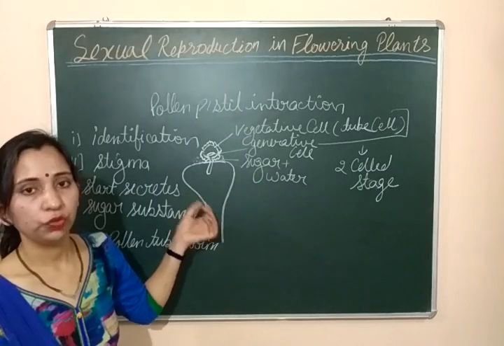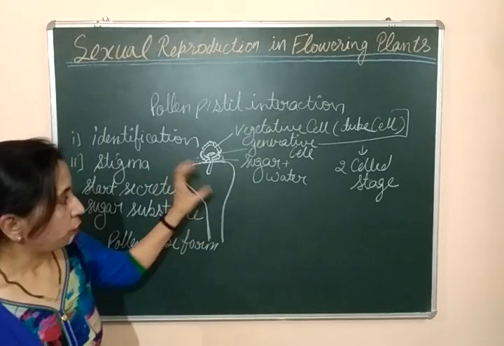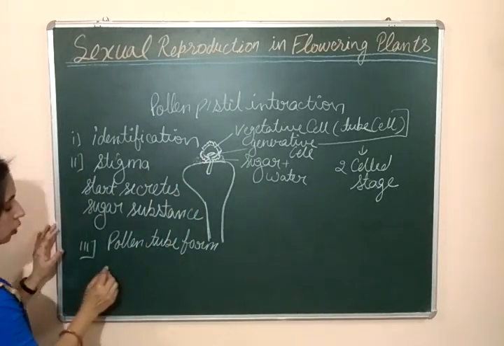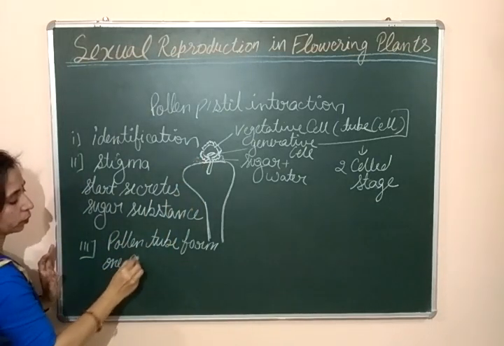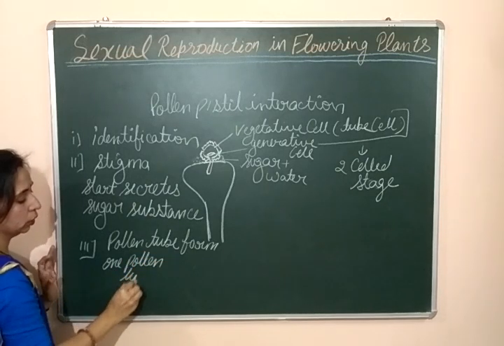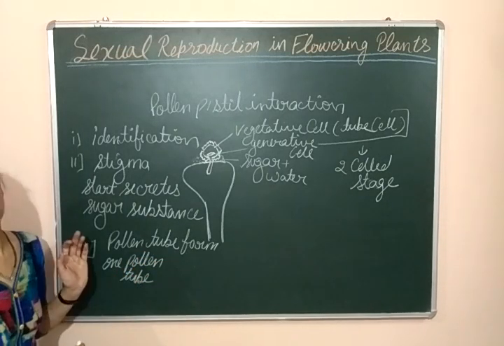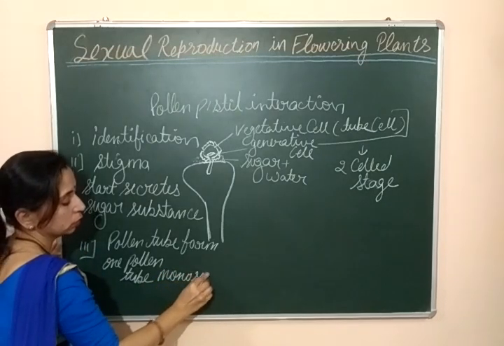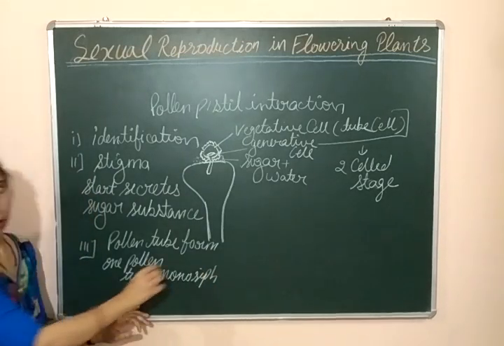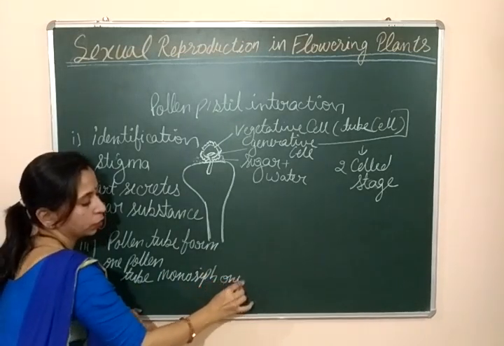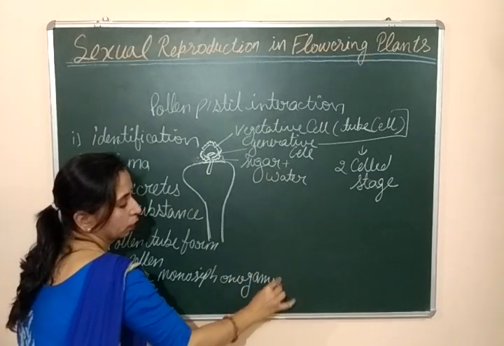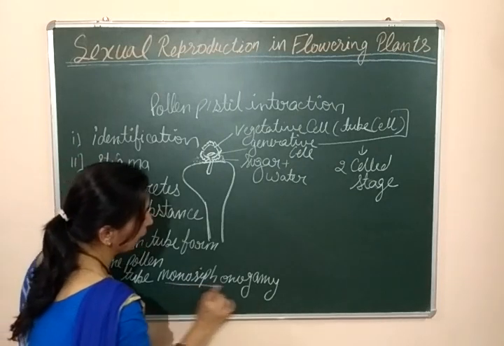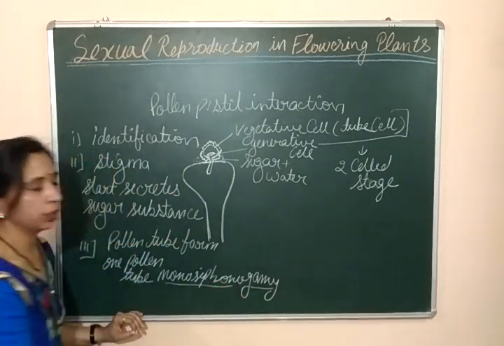When only one pollen tube is formed, that is known as monosyphonogamy. Mono means one, so only one pollen tube is formed.